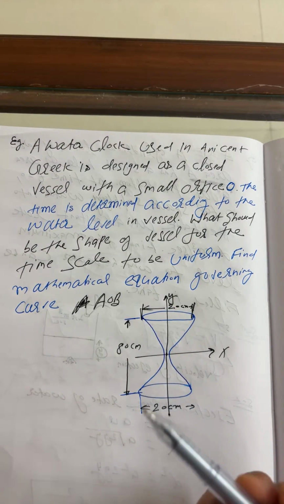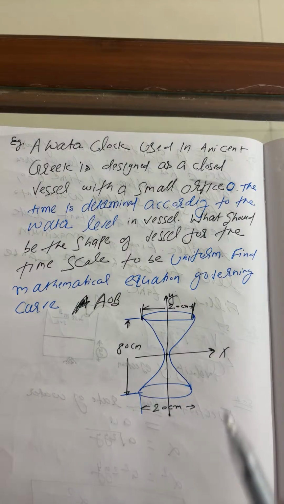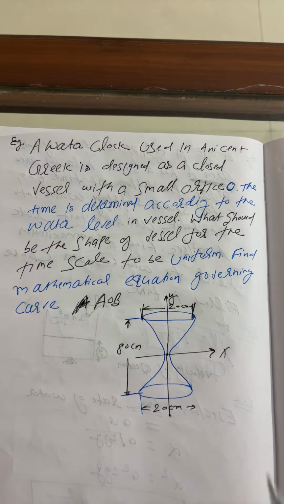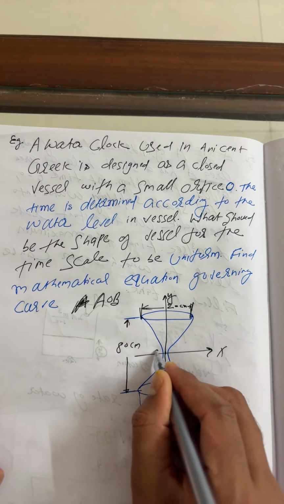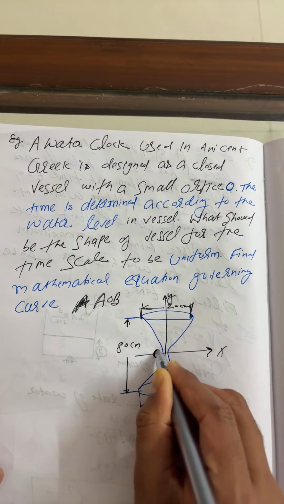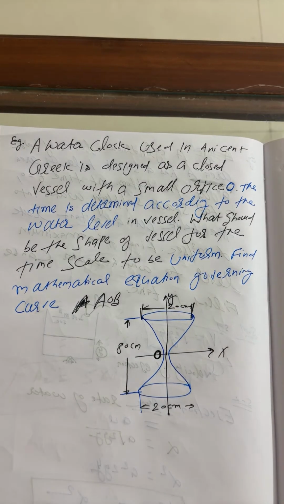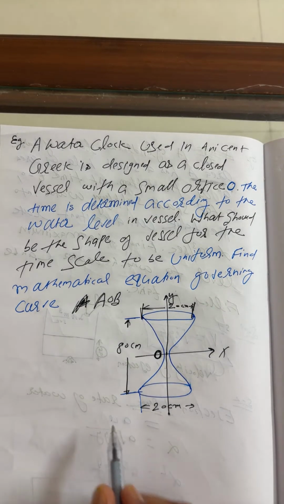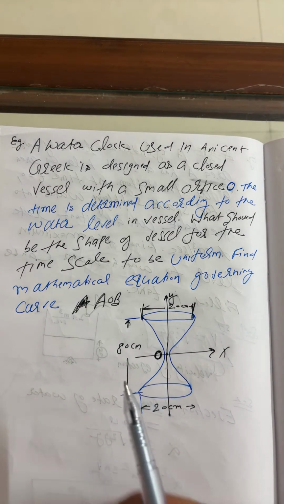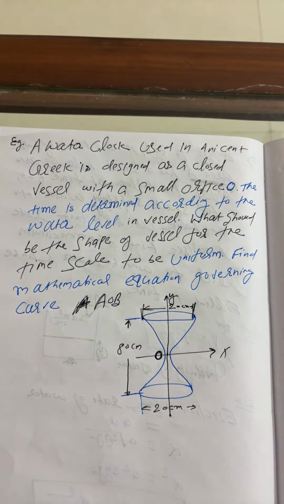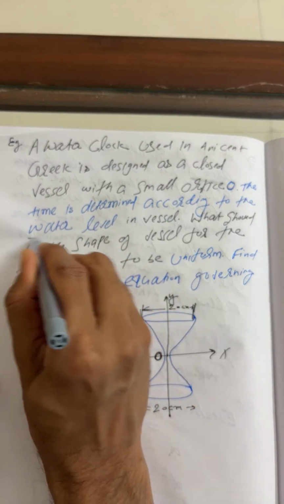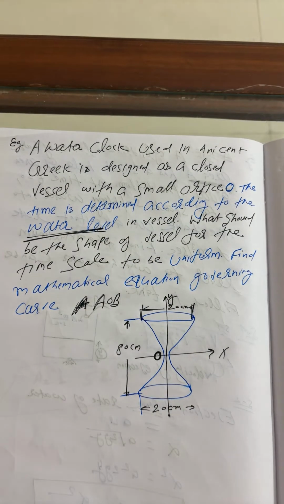A water clock used in ancient Greek is designed as a closed vessel with a small orifice O. So this is orifice O. Let's take into consideration that the time is determined according to the water level.